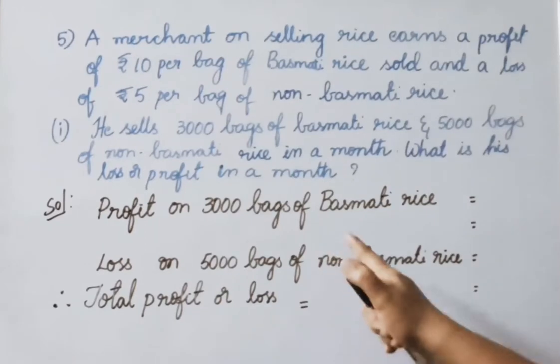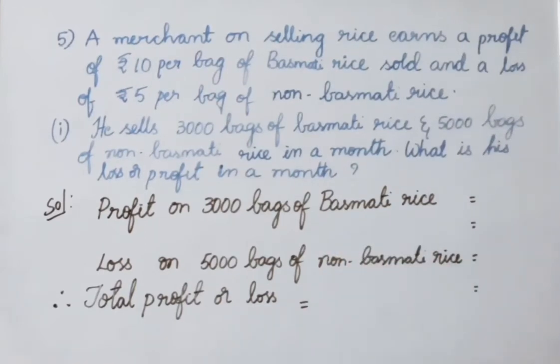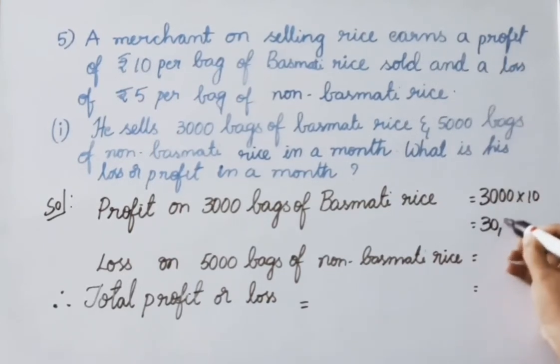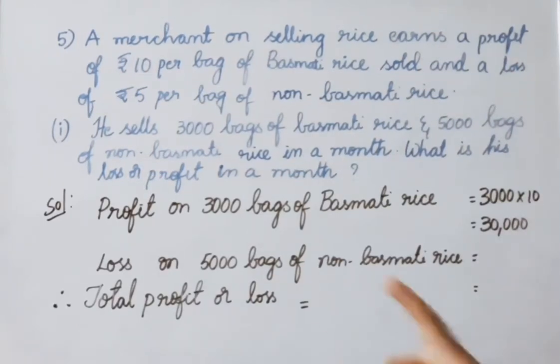Profit on 3000 bags of basmati rice. The number of basmati rice bags already given is 3000. Profit on each bag is 10 rupees. So, write down 3000 into 10. That is 30,000 rupees. Now, loss on 5000 bags of non-basmati rice. On non-basmati rice, the loss on each bag is 5 rupees.